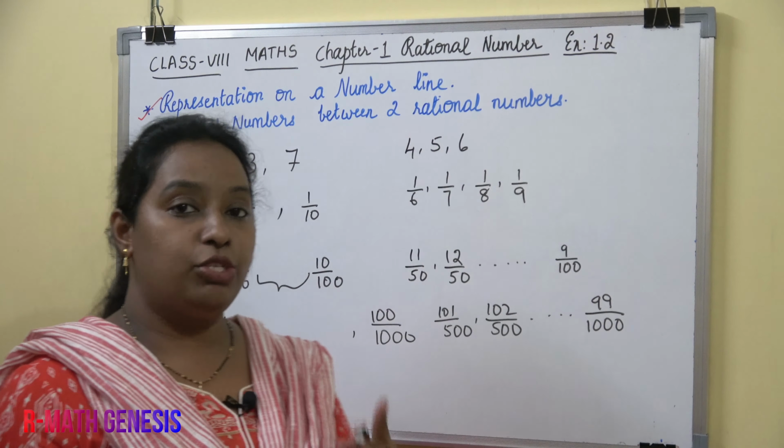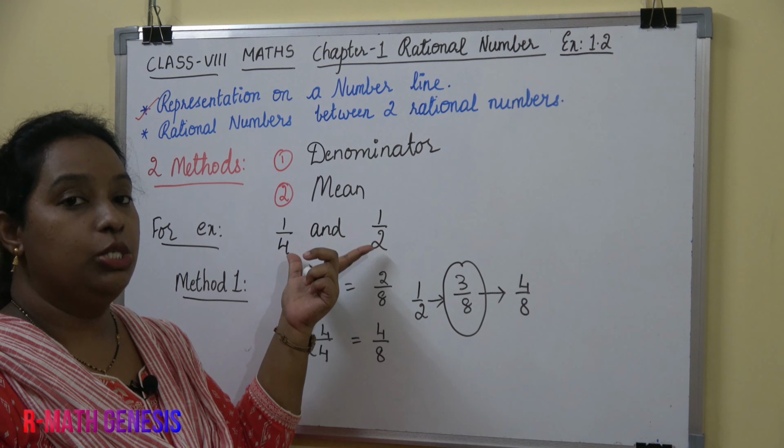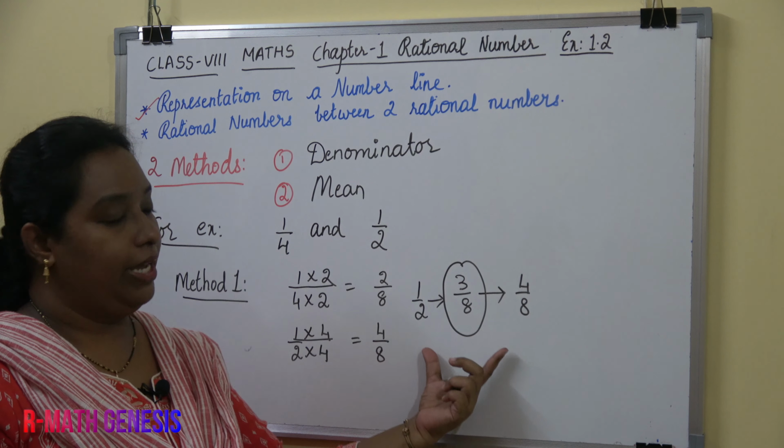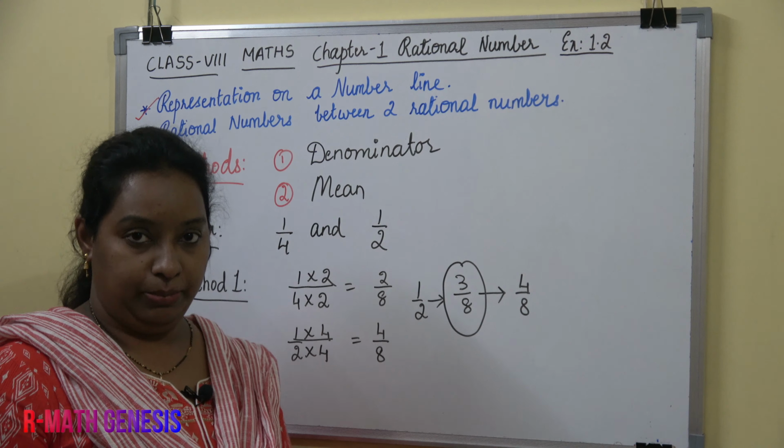Now between 2 by 8 and 4 by 8, the rational number we have is 3 by 8. So 3 by 8 is our answer. We have to convert the denominators to be equal, then we can write the rational numbers between any two rational numbers.